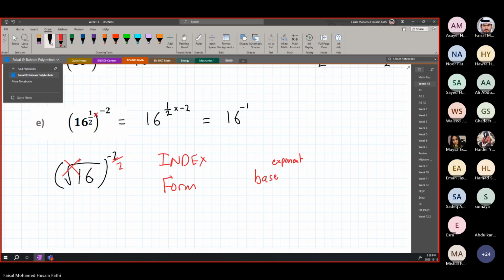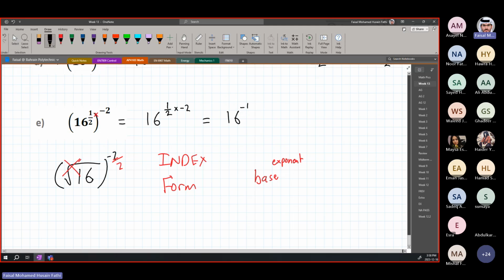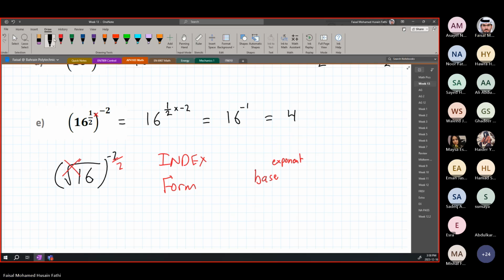Okay? Any questions so far? If you want to simplify this more, the same idea as earlier, you can say that this is 4 times 4, which is equal to 16. I mean 4 squared, sorry, which is equal to 16. 4 squared. Or you can even say that this is 2 to the power of 4. You can do any of these.